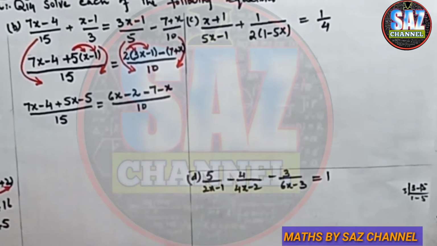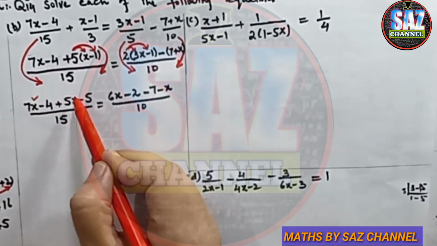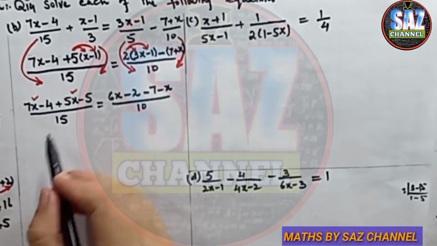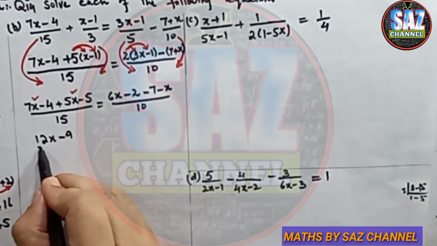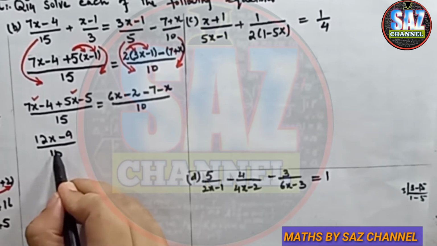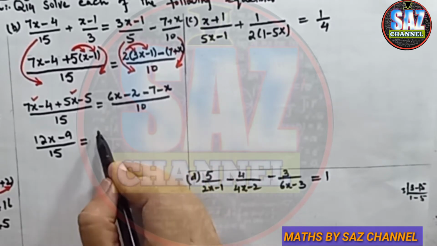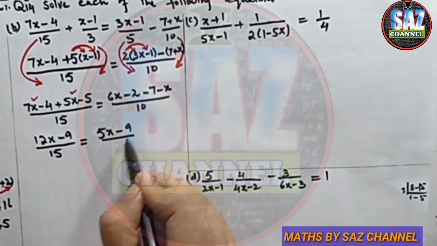First of all, we can see that both sides contain like terms, 7x and 5x. Solve them together. 7 plus 5 is 12x minus 9 upon 15 equal to 6x minus x will give me 5x minus 9 upon 10.